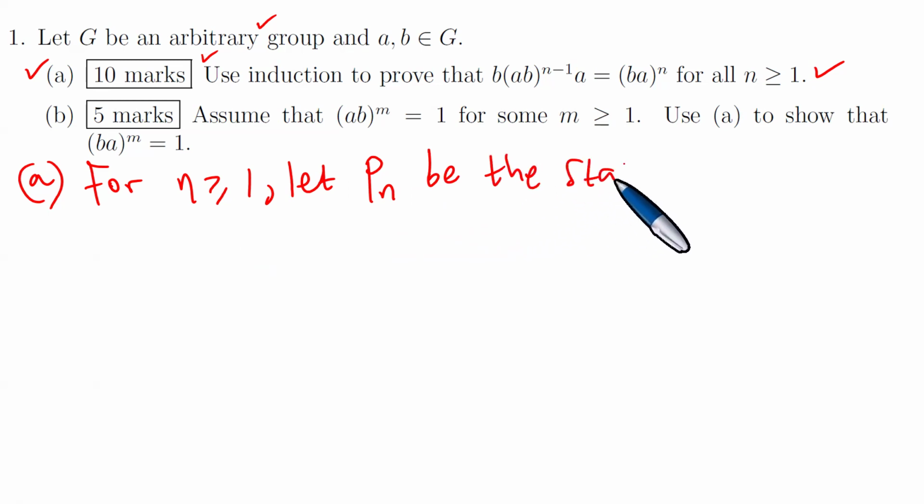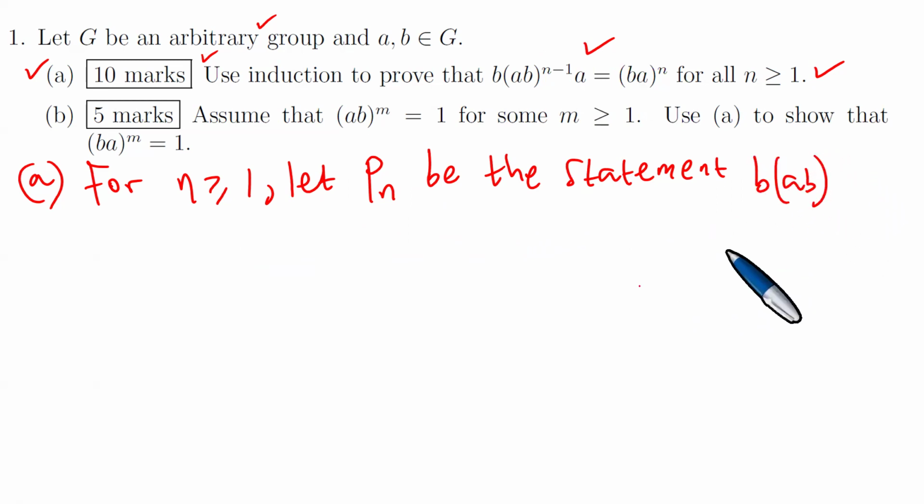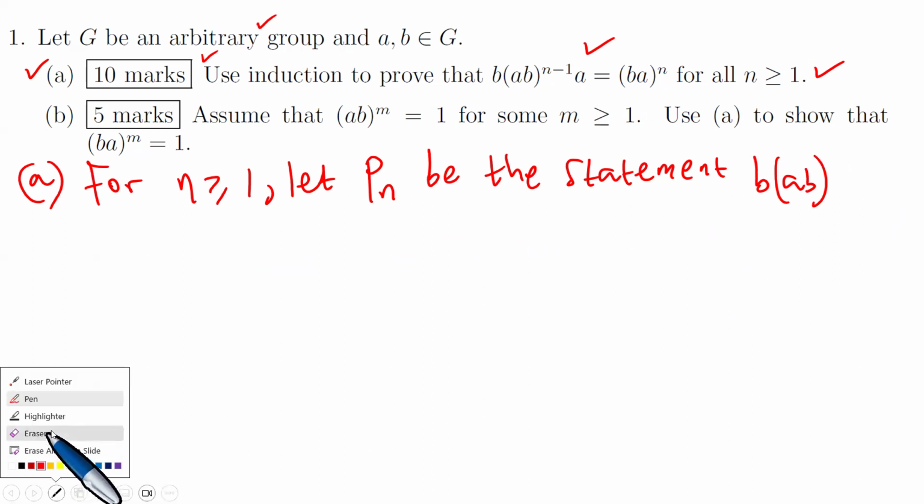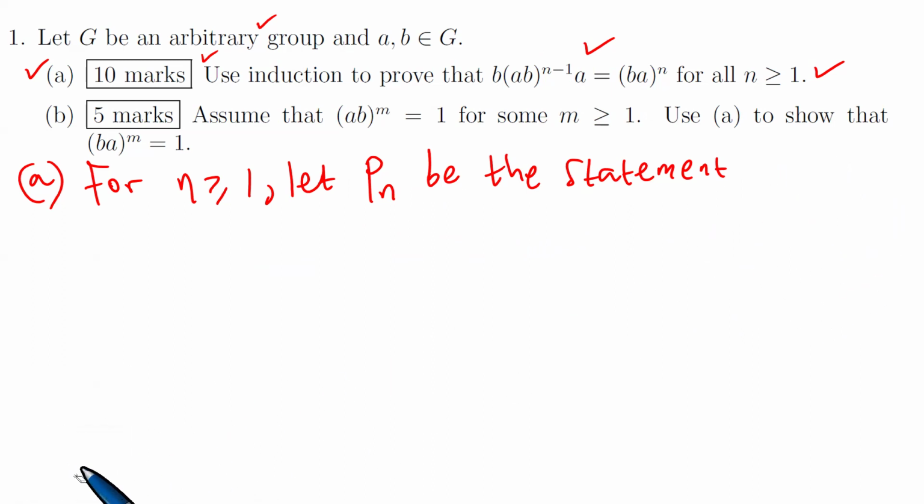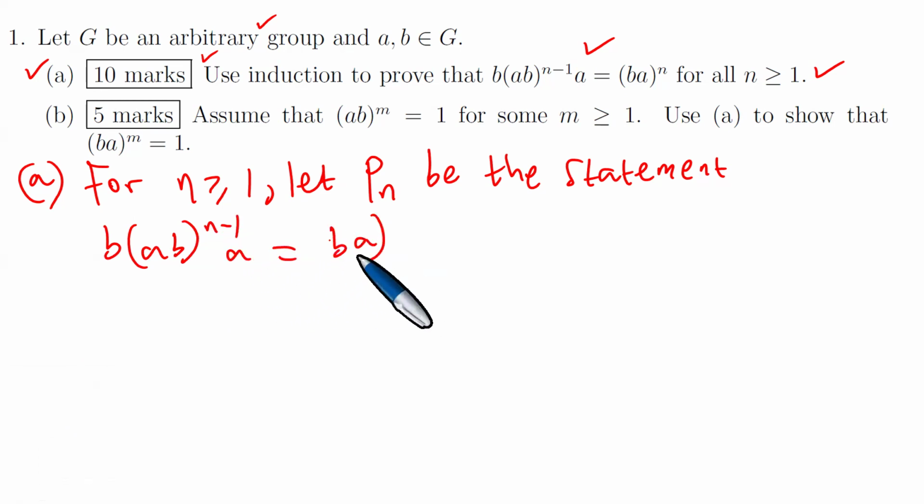Which statement is this? It is the given statement, B times (AB) to the power n minus 1 times A is equal to (BA) to the power n.